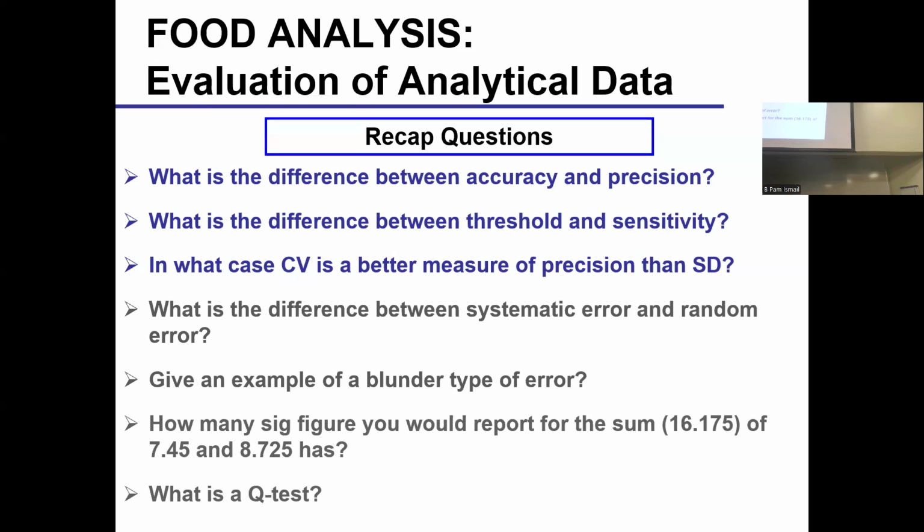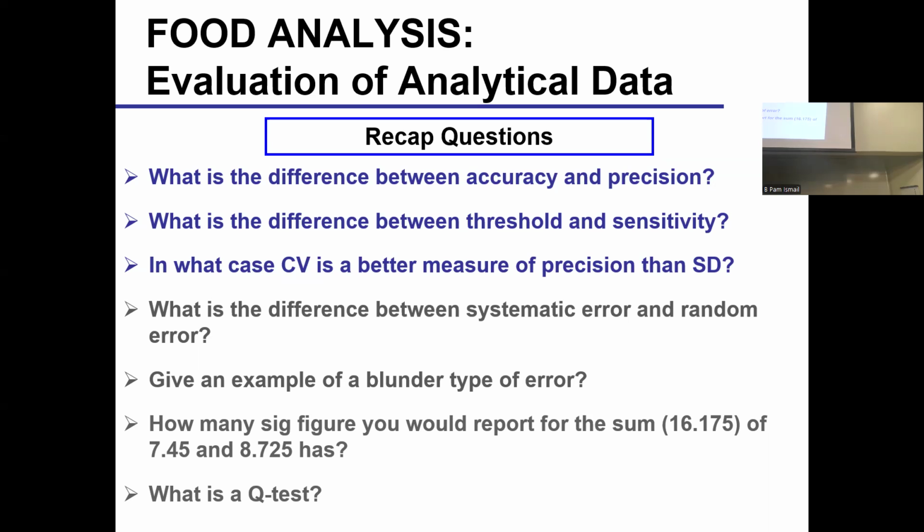So sensitivity. Let's say we are measuring the concentration in two different samples. What is the lowest difference that the analytical method can pick up? So how can I differentiate between those two samples? What's the lowest difference the method can detect and consider a different value?